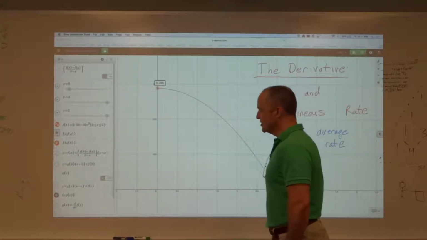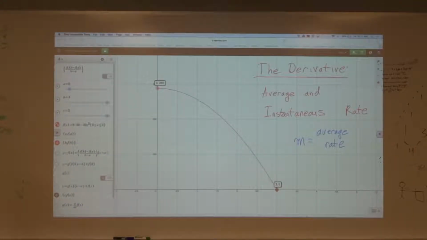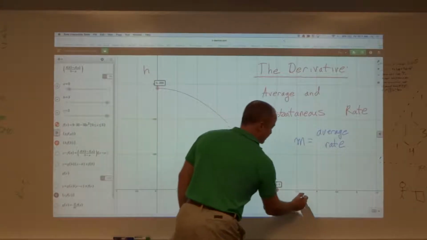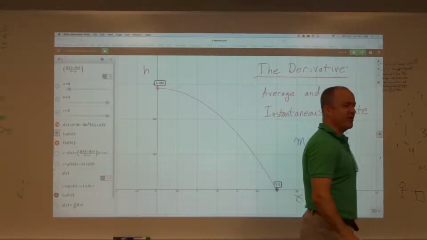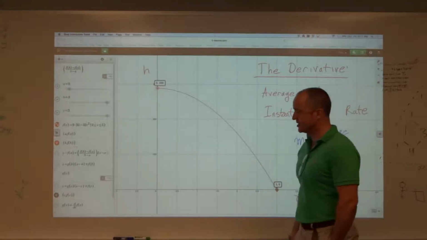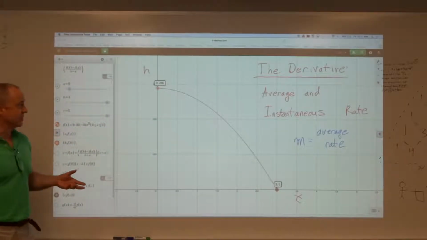All right, average and instantaneous rate. I have a graph up here. It is the graph of height versus time of an object that falls under Earth's gravity, not in metric units, in English units. For the physics kids. Physics kids may have an advantage with this one. Great.